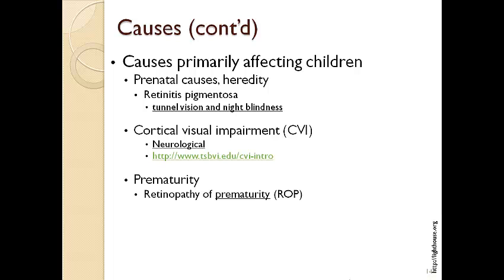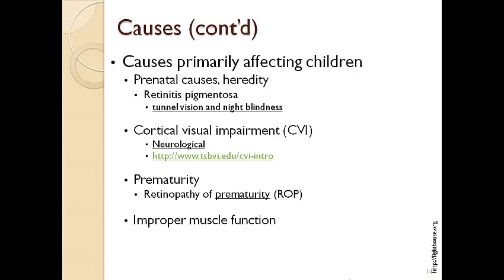And then we also have disorders which are related to prematurity. We have retinopathy of prematurity, or ROP, which basically results from a scar in the tissue behind the lens of the eye, and this happens when premature infants are given excessive concentrations of oxygen.